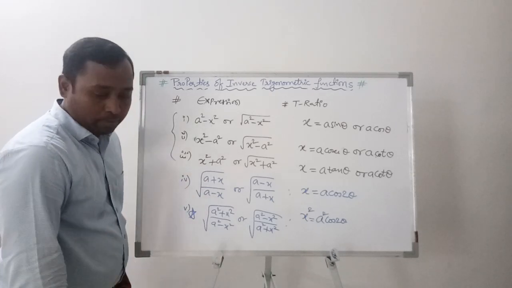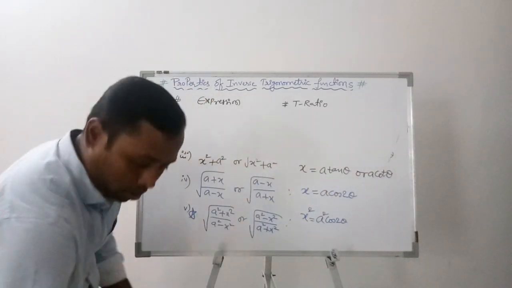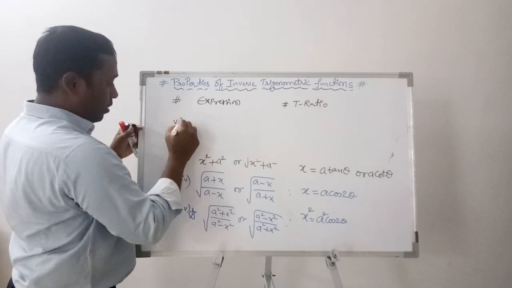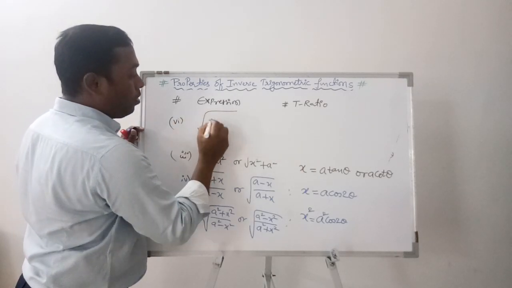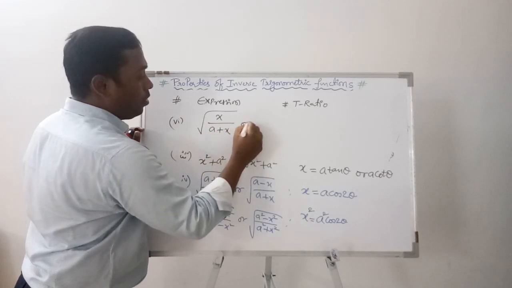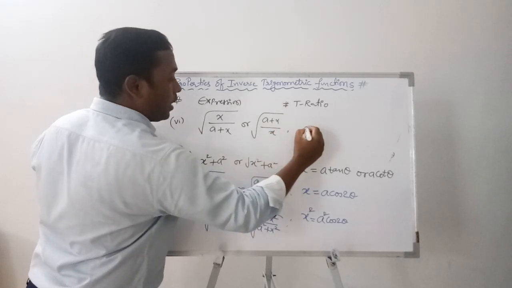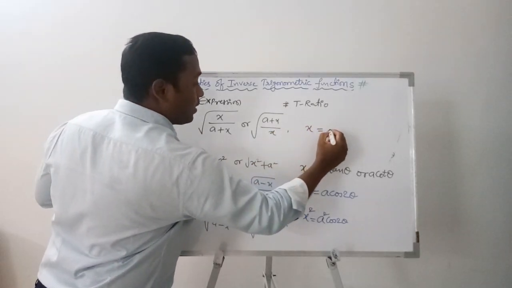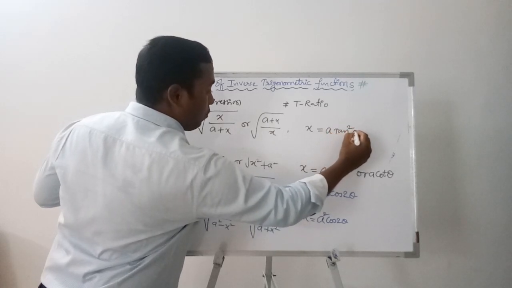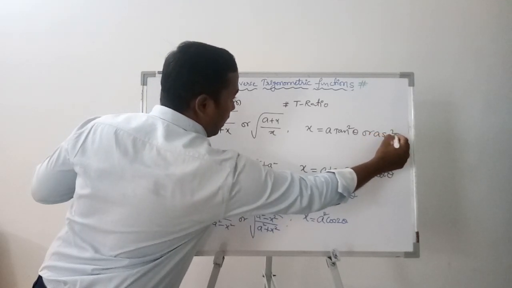And the last expression I am writing: if it is in the form of x upon a plus x, or a plus x upon x, in both cases we will presume x is equal to a tan square theta or a sec square theta.